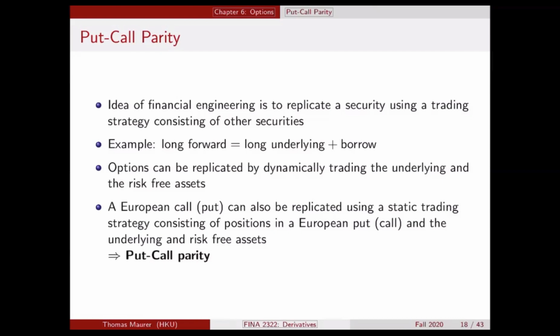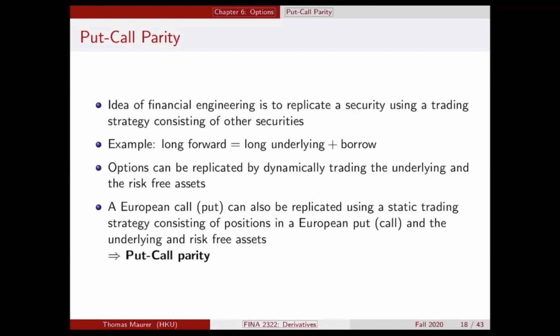Now, there are two different ways to do that. In the next chapter, we're going to talk about how to replicate the price of an option using a portfolio which will be rebalanced on a frequent basis. And that portfolio consists of the underlying asset and the risk-free asset. So similar to the forward price, where the long position in the forward depended on an investment in the underlying asset and borrowing money.